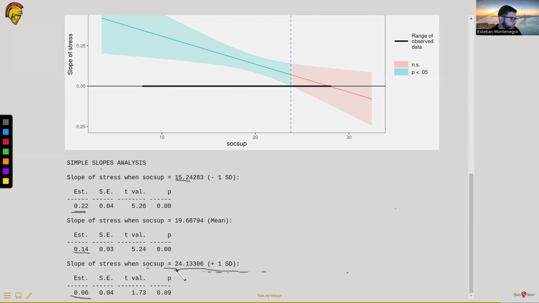When you have a high score in social support, that relationship gets weaker. It is stronger when you have a low level of social support. You can see the slope is 0.22 when you have a low level of social support. Then the simple slope decreases to 0.13, and then it decreases to 0.06, very close to zero.